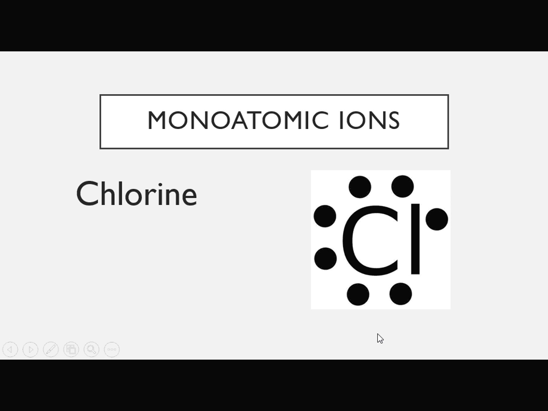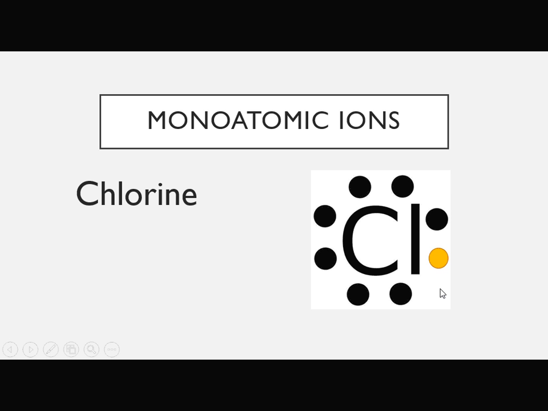Now, with my electron dot notation with chlorine, it is 1 electron away from filling its outermost shell. So what chlorine would like to do is gain an electron. When it does so, it has gained that electron right there.